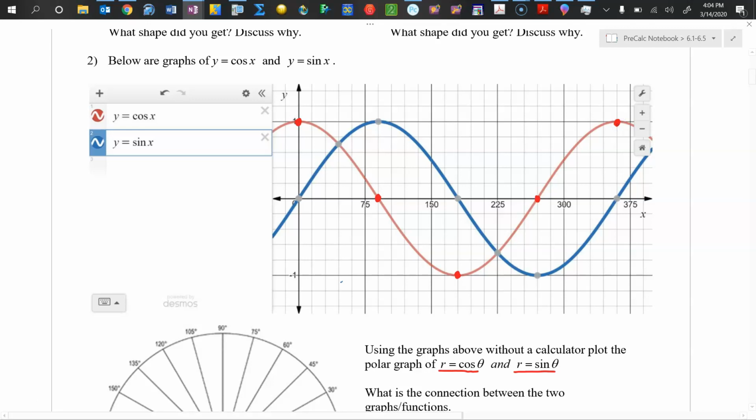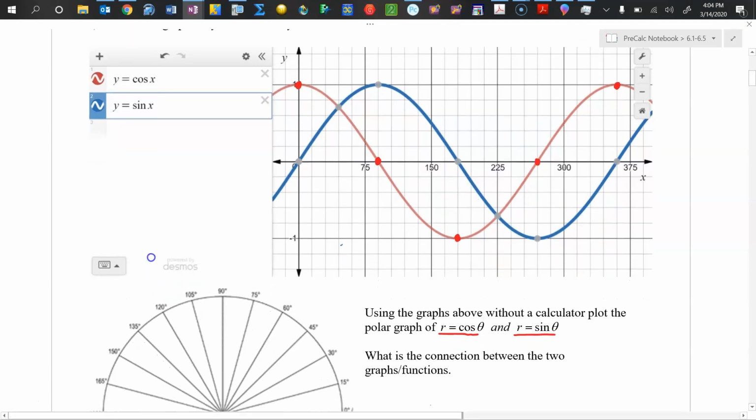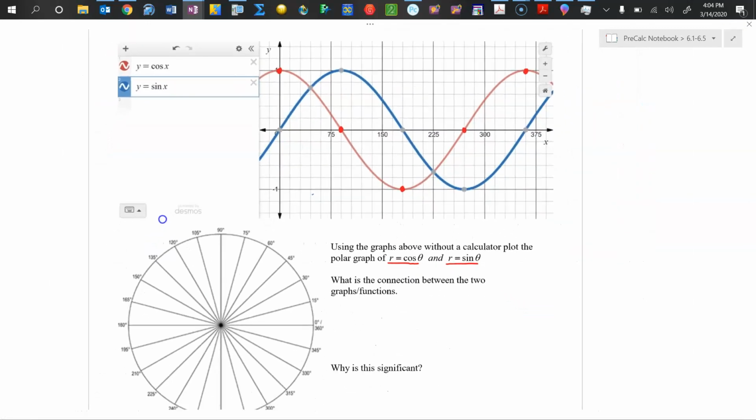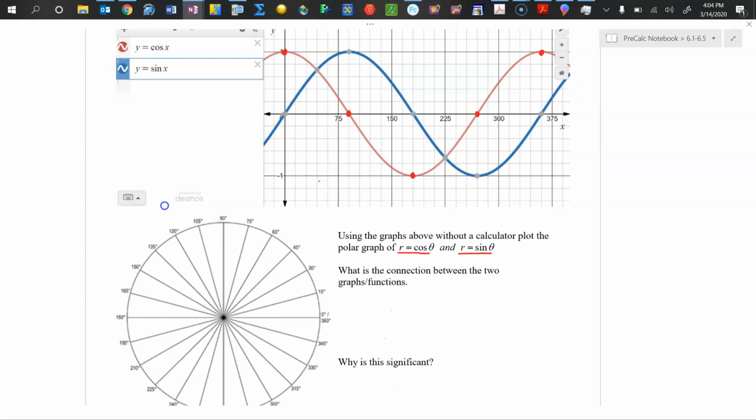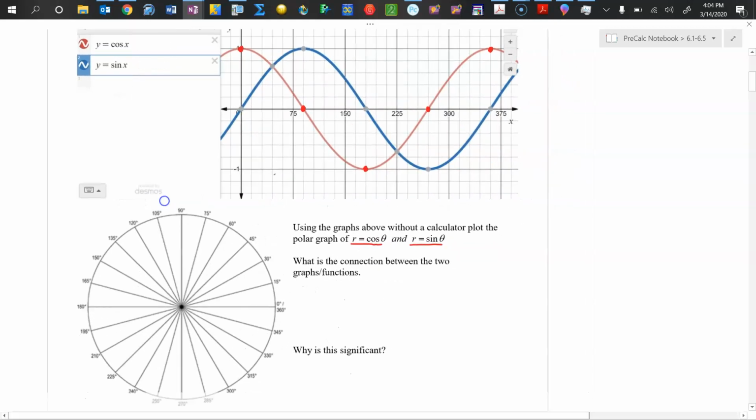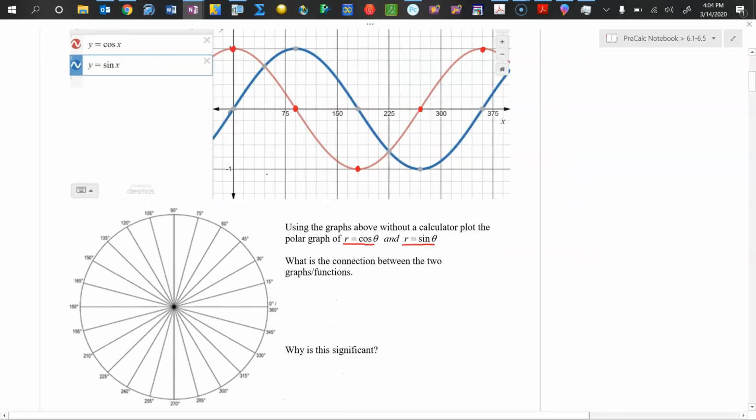So we could do a similar thing with the sine function, but what we're going to do is move down here and keep in mind those critical values of the cosine function. For example, at 0 degrees, at 90 degrees, at 180 degrees, at 270 degrees. So we're going to move to our polar coordinate system right here.